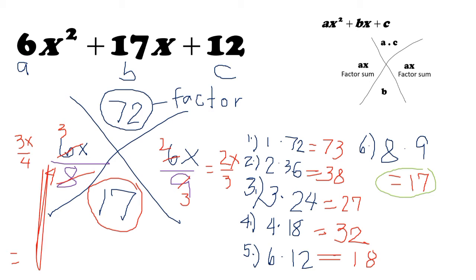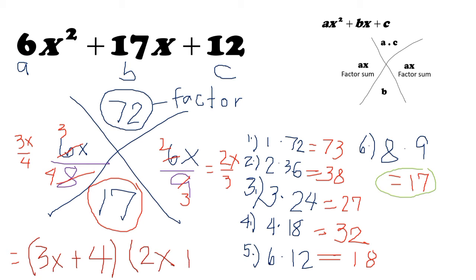So now the first factor is 3x. Since the denominator is 4, so plus 4. So that is now the first factor, and the second factor is 2x plus 3.